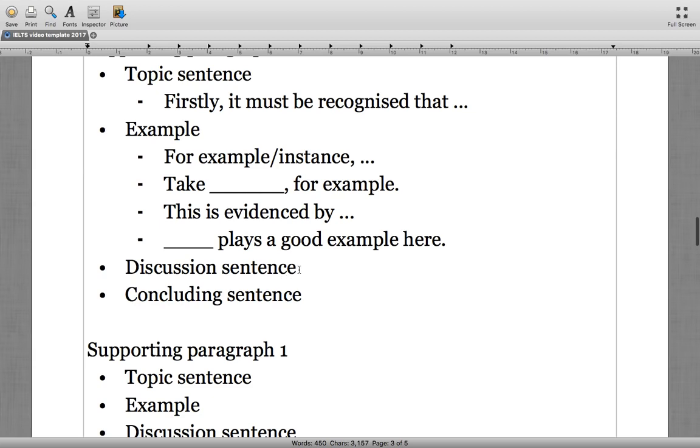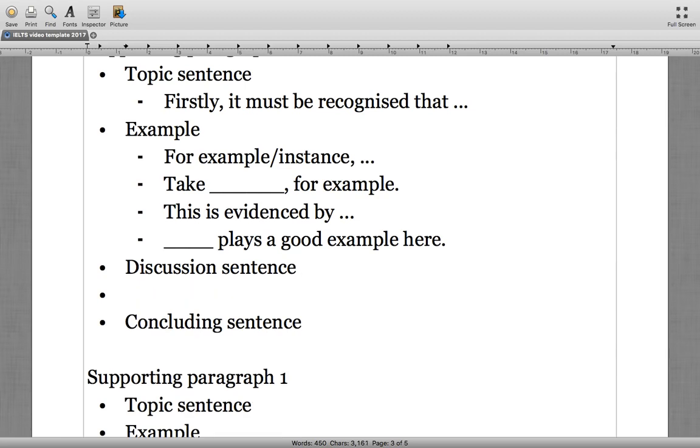So the discussion sentence has the very important role of linking the example to the topic, showing how the example proves that what's claimed in the topic is true.